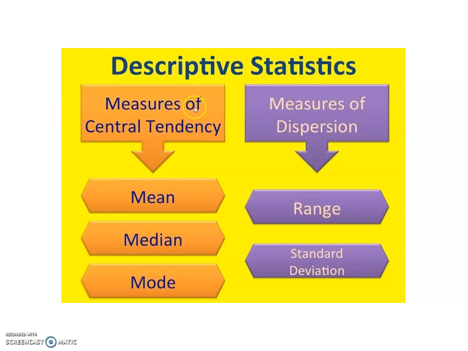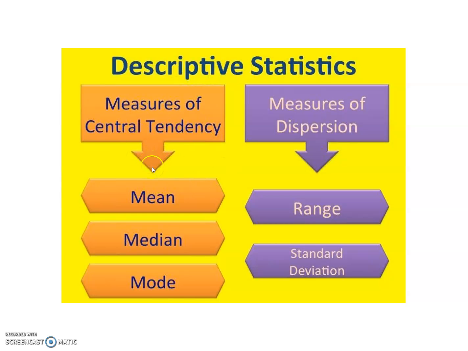Descriptive statistics is based on measures of central tendency, mean, median and mode, and measures of dispersion, range and standard deviation. In today's lecture, our focus is to build knowledge of measures of dispersion and measures of central tendency. You studied up to 10th standard mean, median, mode.